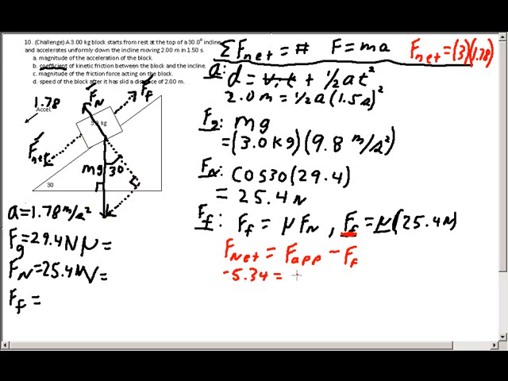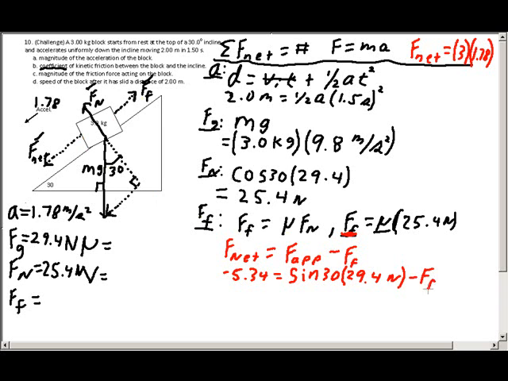What that is, it's going to be opposite over the hypotenuse, which is sine 30 times the hypotenuse, which is the magnitude of the force due to gravity, which is 29.4 newtons, minus the counteracting force, which is friction.